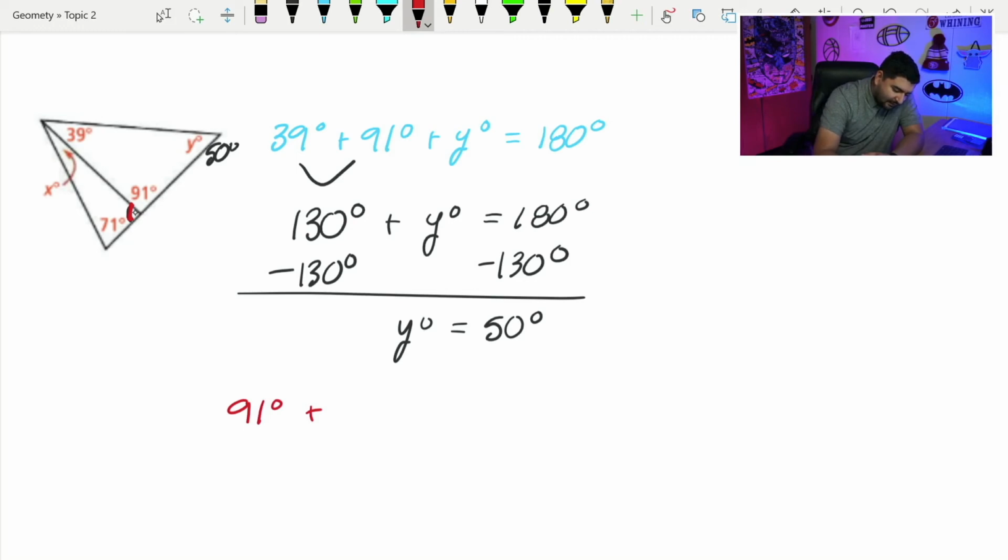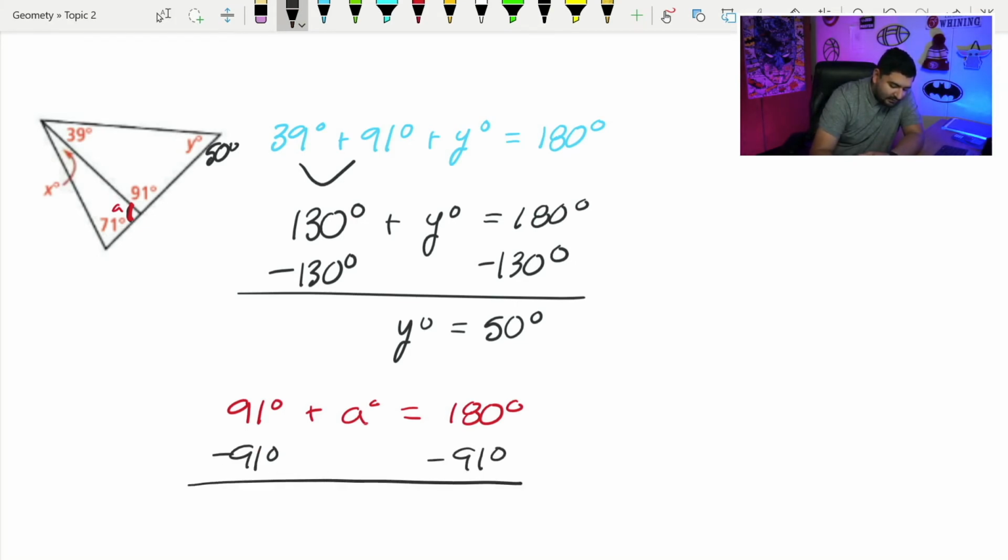We'll just give that A. We'll call it angle A, because angle A should equal 180 degrees. We can then subtract 91 degrees from both sides, and we find that angle A is going to be 89 degrees.